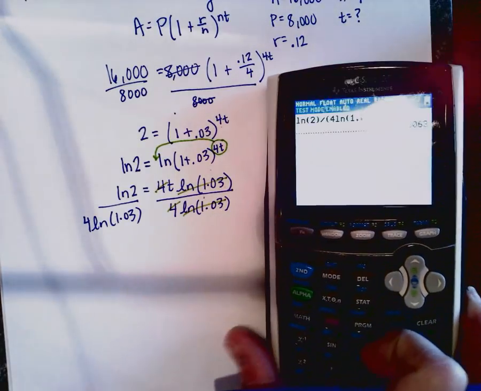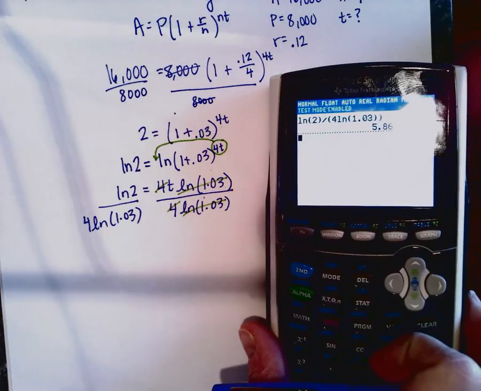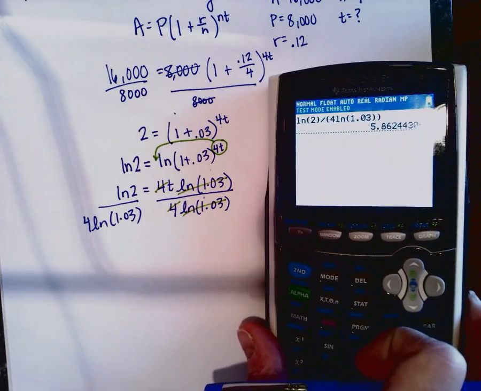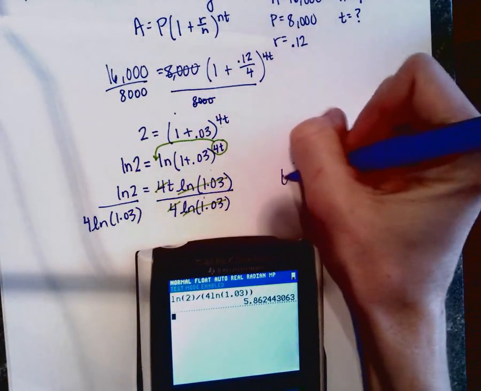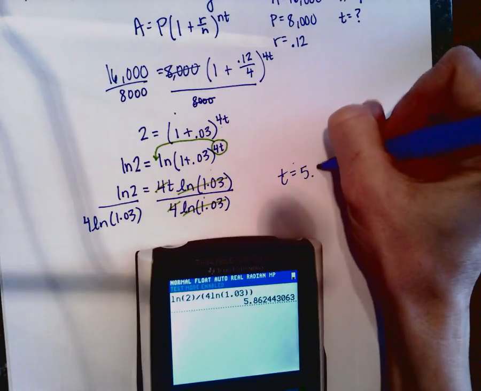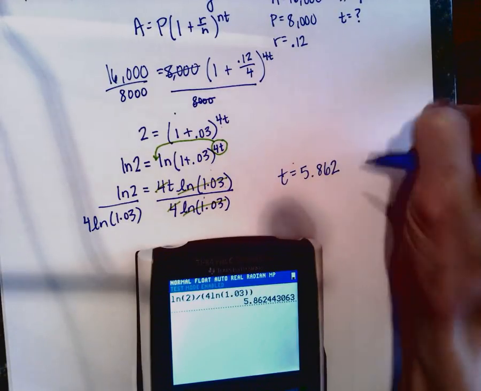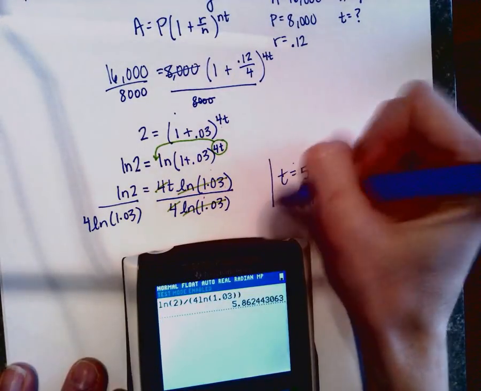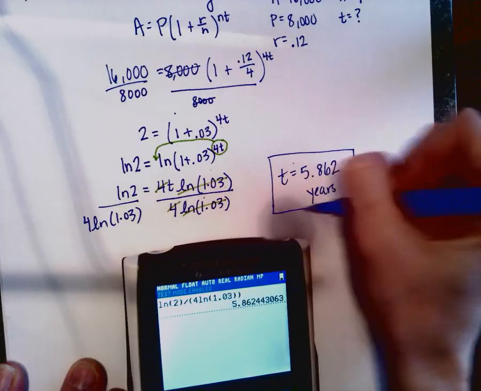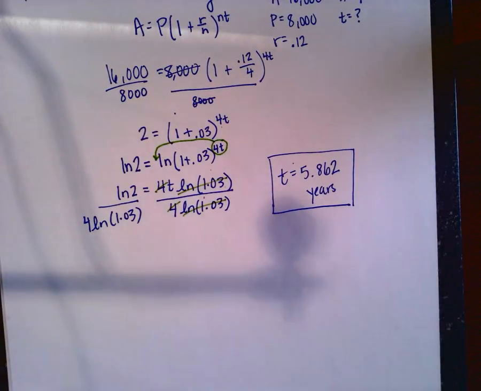Okay, do you guys see that? So natural log 2 divided by 4 natural log 1.03. So t equals 5.862, and that would be in years. So the time, the t variable for all of these will be in years. So actually that's pretty good, doubling your money in less than 6 years.